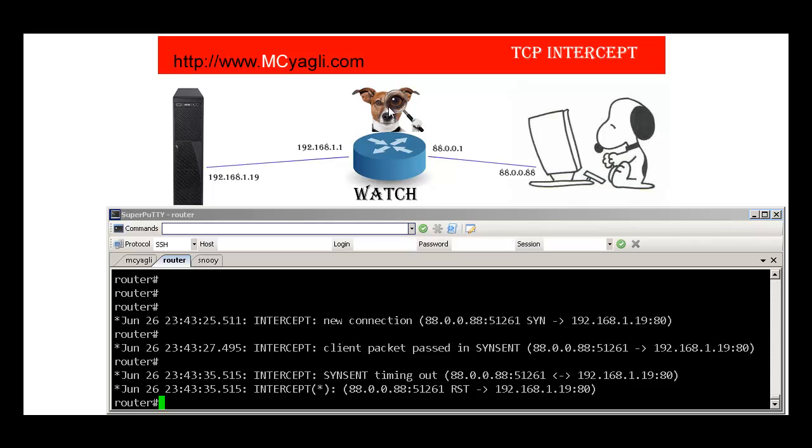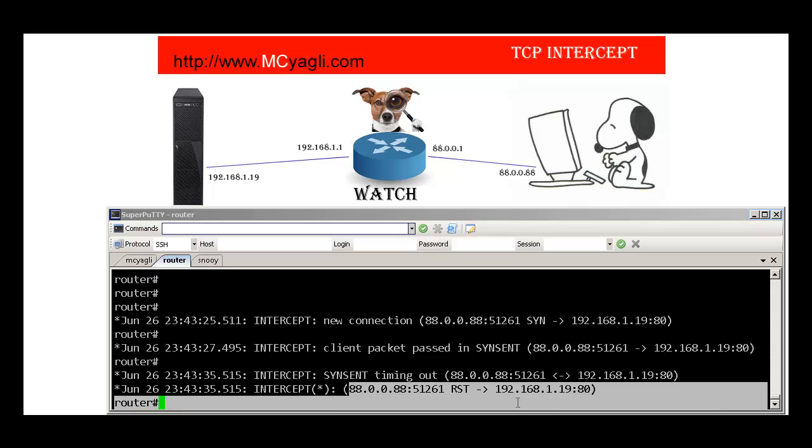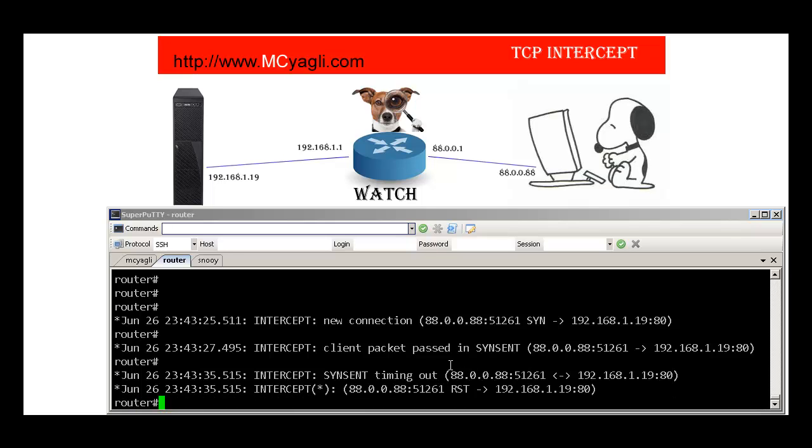And then what the router did is it forcefully injected a RST message to the server. Yes, exactly. This is what happened.